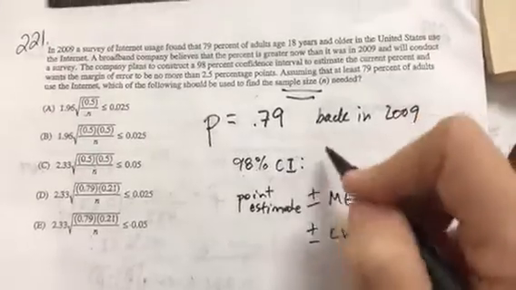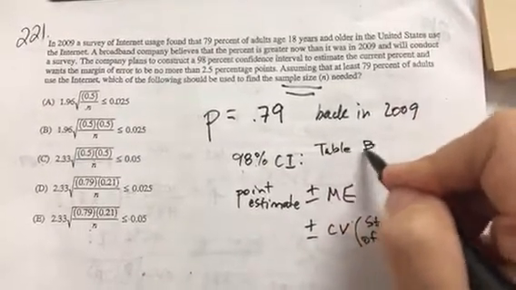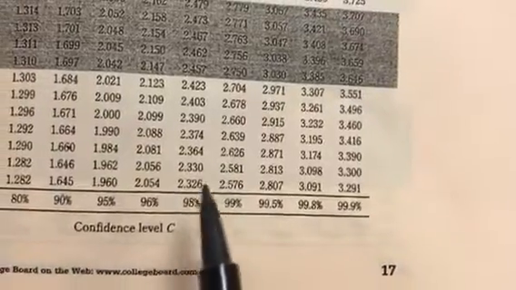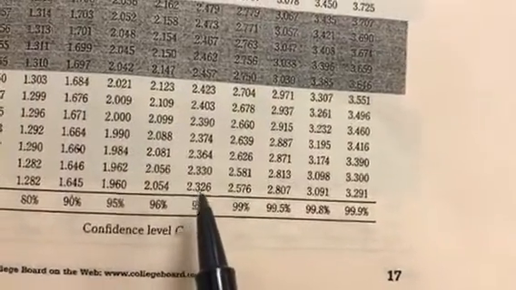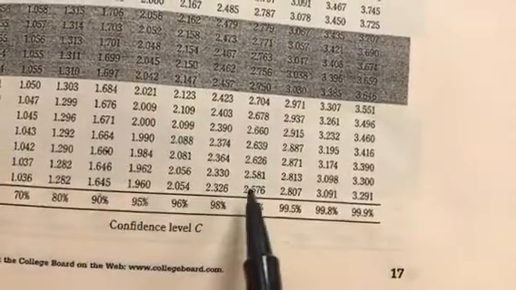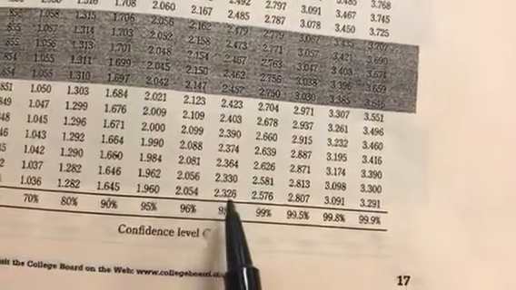So in this example, I can go to table B and look up the critical value, zoom in, and this is a 98% confidence interval. So that's the critical value I need, 2.326. This is the number we use a lot, but this is the value we're needing for this problem.